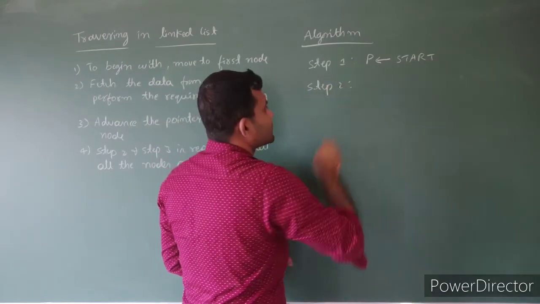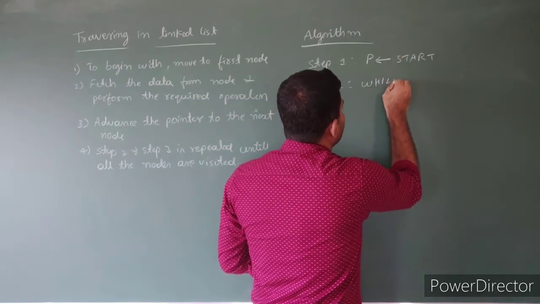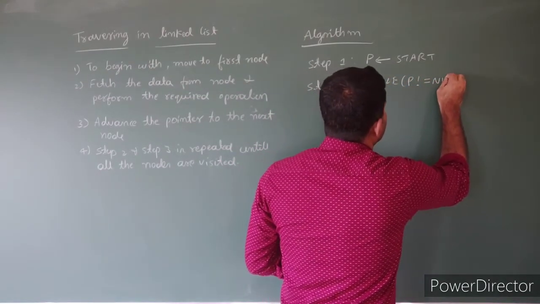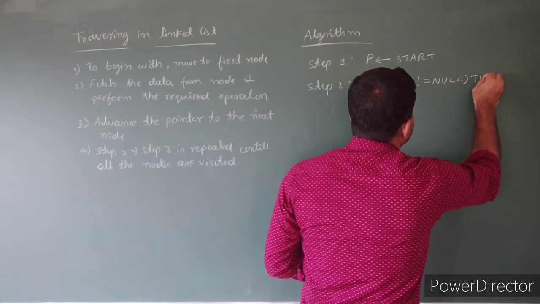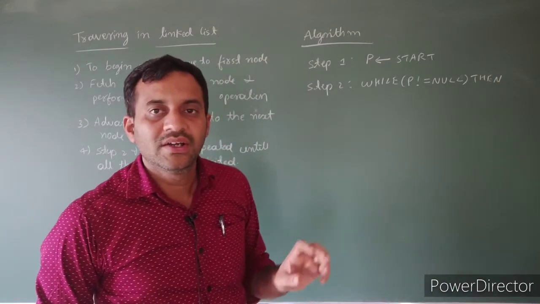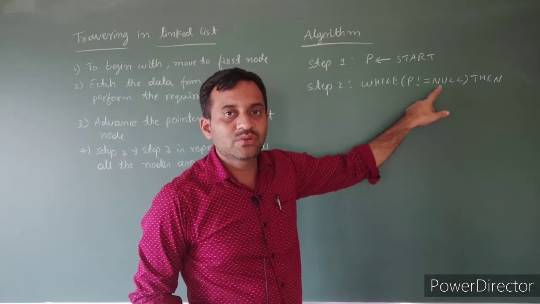Next, we have to access all the nodes. To do that, we use while pointer P not equal to null. We know that the pointer section of the last node has a null pointer, so we continue up to that.